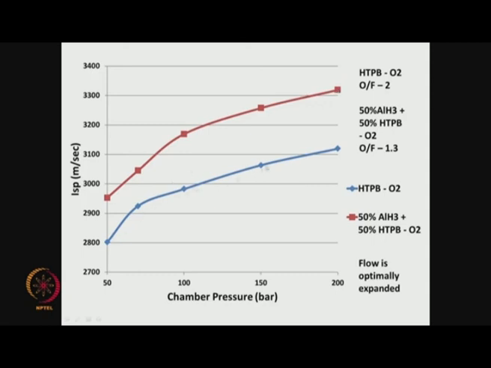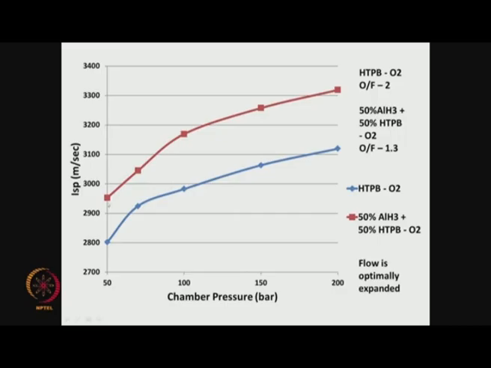The blue line is for liquid oxygen and HTPB. The O by F is 2 for the blue one, and the O by F is 1.3 for the red line, that is aluminum hydride propellant, and in all these cases the flow is optimally expanded.